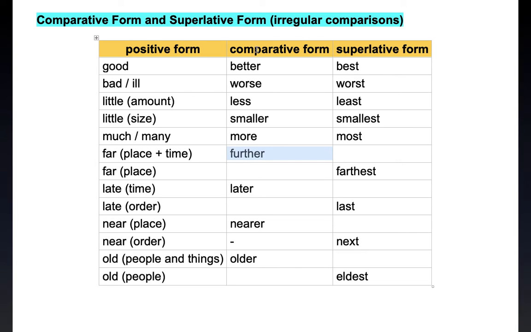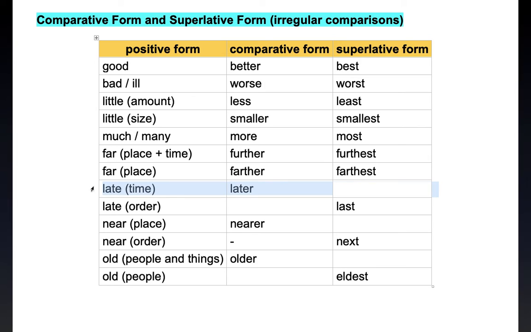So the comparative form is further, and the superlative form is furthest. Simple. Bueno, aquí no hay mucho cambio, simplemente en Inglaterra se dice further y en Estados Unidos se dice, bueno, se escribe con U y en el otro se escribe con A. Breve, fácil.